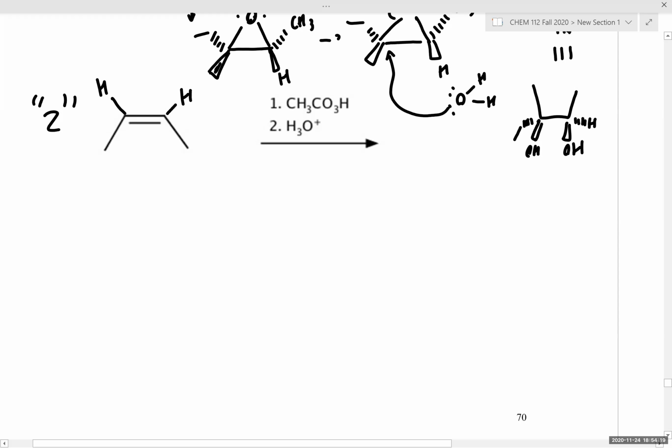Don't be shy to share your responses using the annotate tool, and we'll discuss this example in about 3 to 4 minutes.